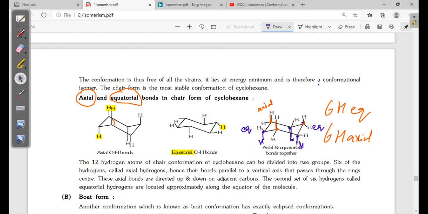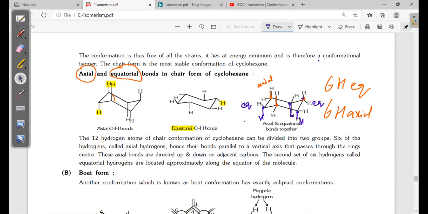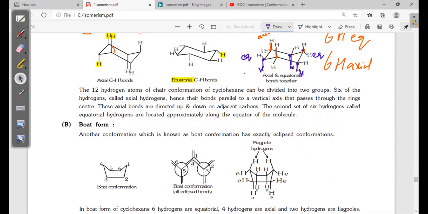Now in the case of the boat form, you can see this is the boat, here upside, here upside, and the remaining is the plane. In another view, you can see all groups are in the eclipsed form.